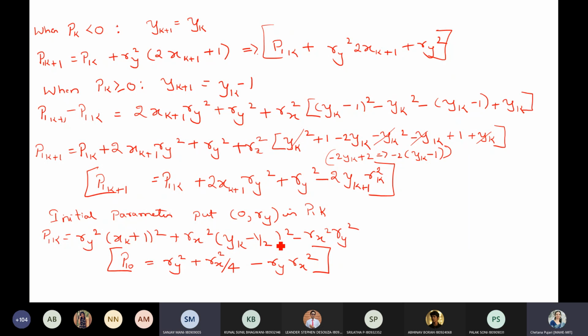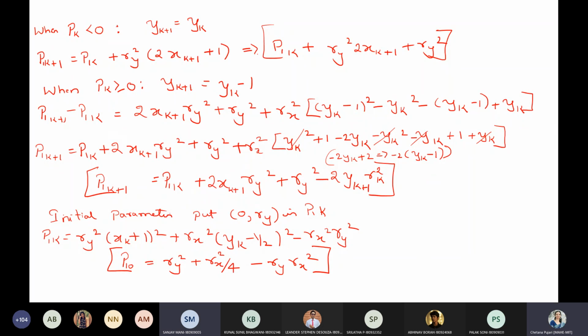Are the decision parameters allowed to be in decimal value? That is the problem of midpoint. No, you will always end up with a floating point value. Even in our midpoint circle drawing algorithm we ended up with a floating point value, but we disregarded that when we got 5 by 4 minus r.